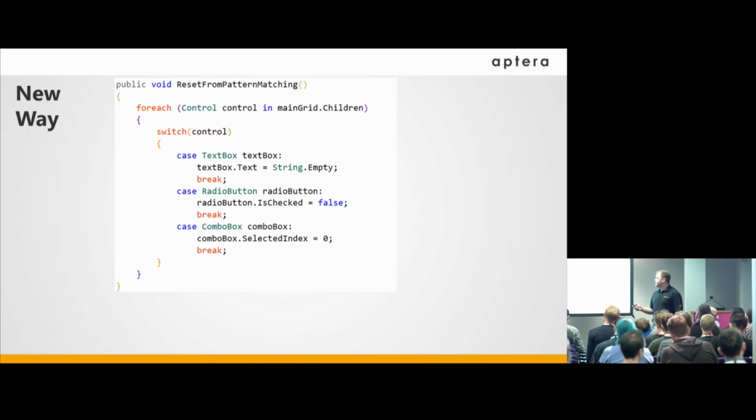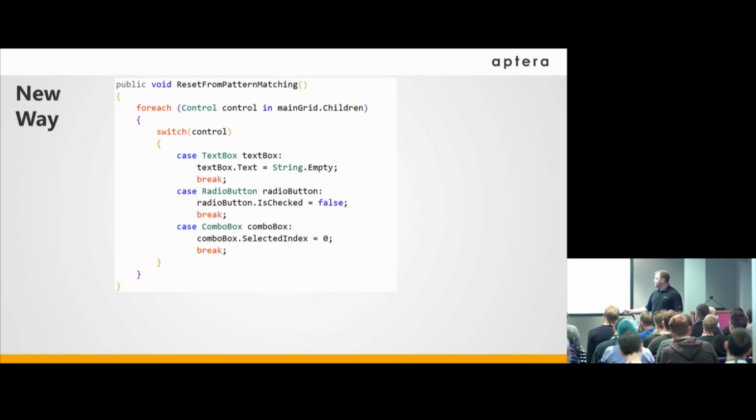So the static type of the variable named control is Control. We want to know what the dynamic type is. What's the more specific type here? This is called the type pattern, where I'm actually going to match on the type.